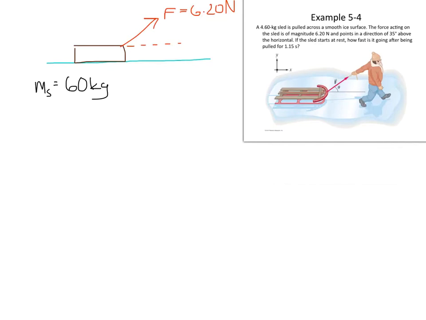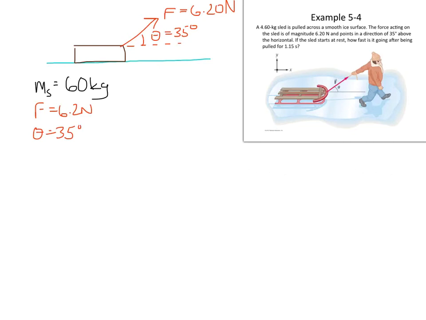So theta equals 35 degrees above the horizontal. F equals 6.2 newtons, and theta equals 35 degrees. I'm writing them down below right here. If the sled starts from rest, how fast is it going after being pulled for 1.15 seconds?